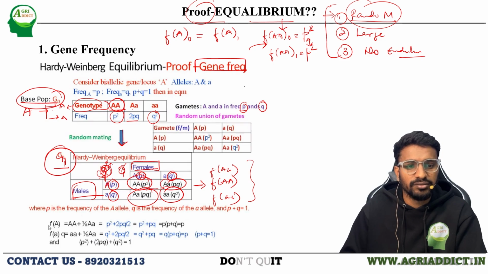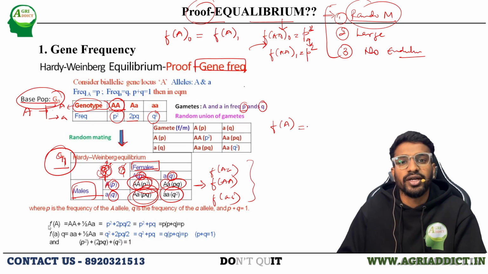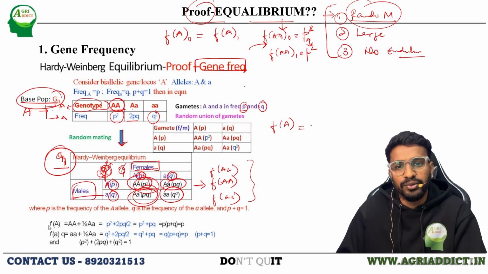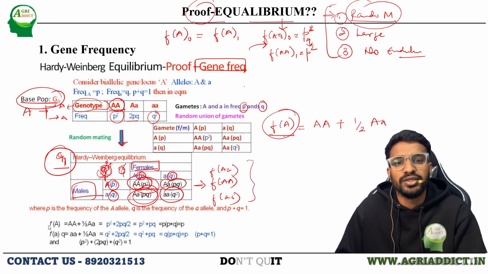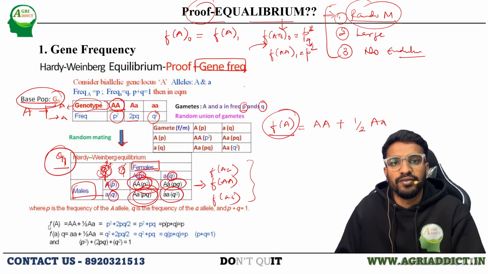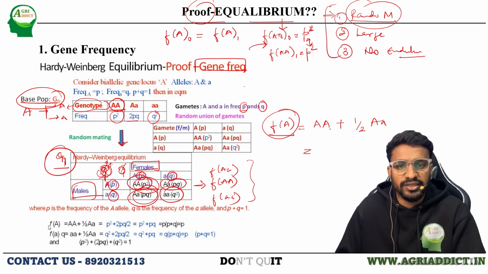I'll take these values. For example, if I want to calculate f of capital A, it should be equal to the number of AA individuals plus half into the number of heterozygous individuals. That will give us the frequency of capital A. What if I substitute the values?